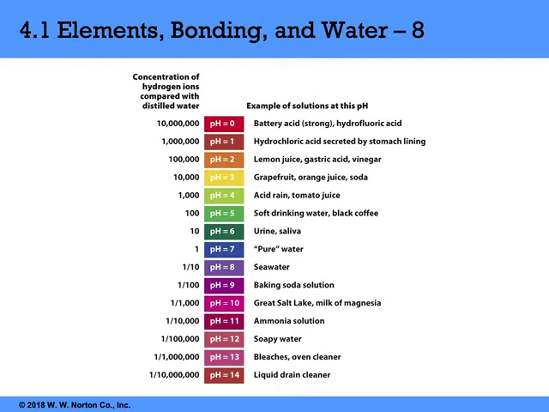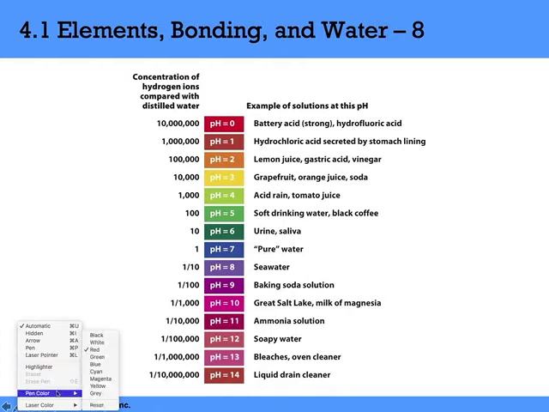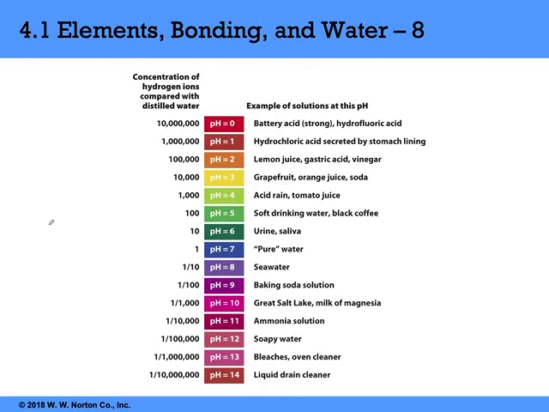So there's a property that always holds in water, all right? Very simple property, which is that the pH of a solution plus the pOH of a solution is always equal to 14.